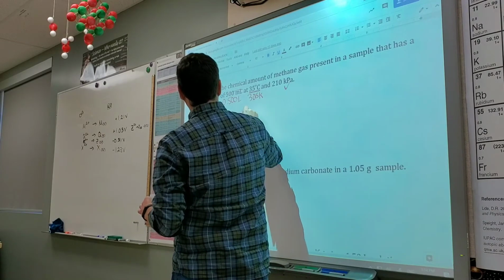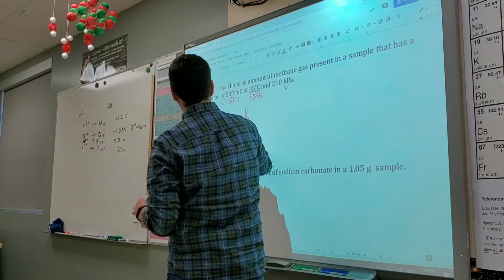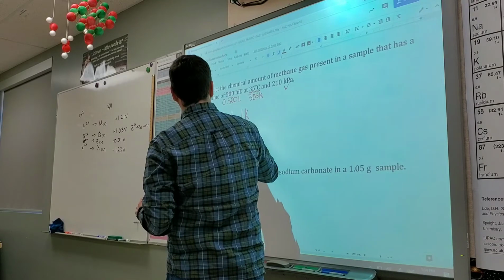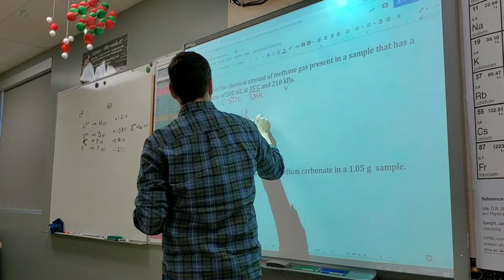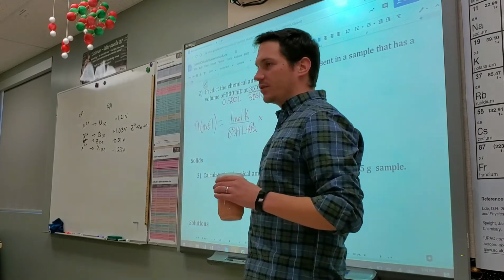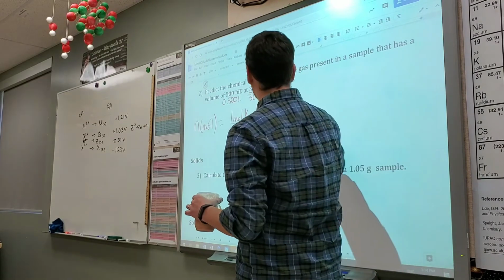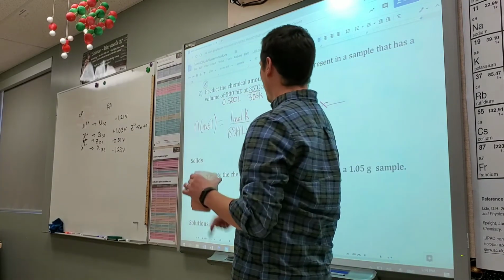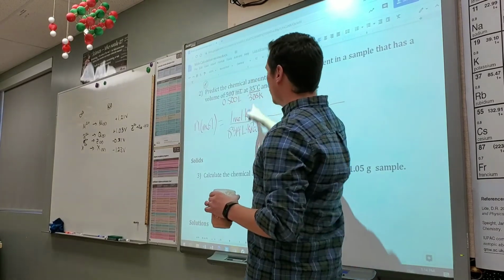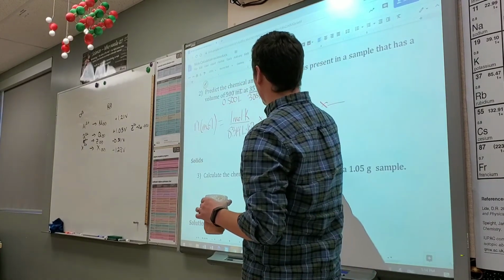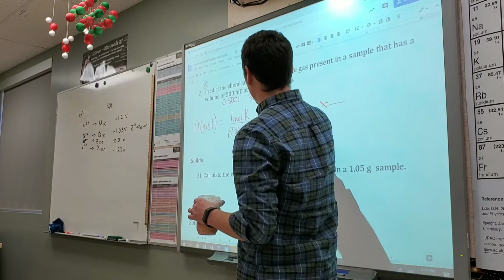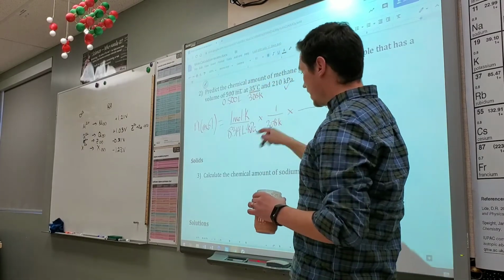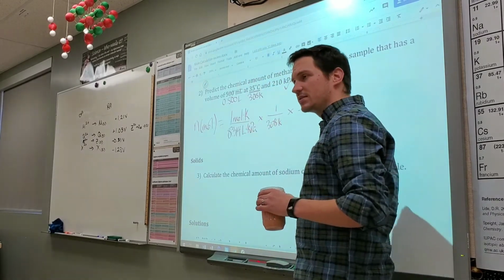So I'm looking for the number of moles of this gas. 1 mole Kelvin over 8.314 liters kilopascals. What do you want to cancel out first? Kelvin. Should I put it on the top or bottom? Bottom. 308 Kelvin over 1. Perfect. Kelvin's canceled. What do you want to cancel out next?